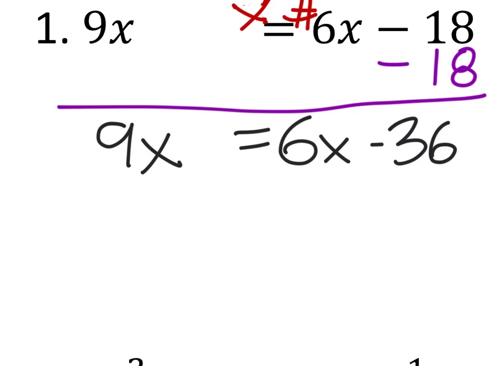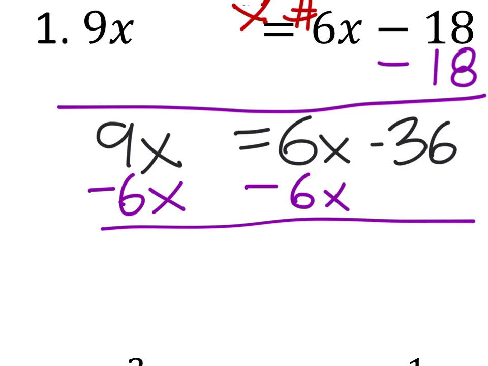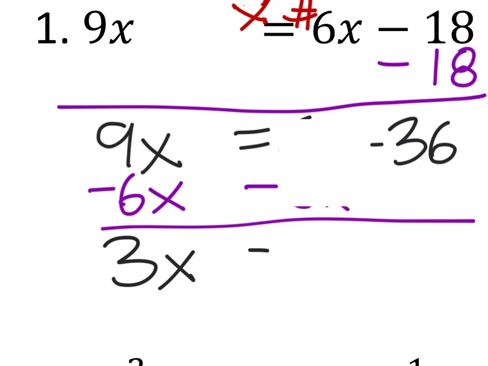So we're going to have to move that as well by subtracting 6x from both sides, like this. And in return, that 6x is going to go away. So this just disappears. And what we're left with is 9x minus 6x gives us 3x. This is equal to that negative 36.